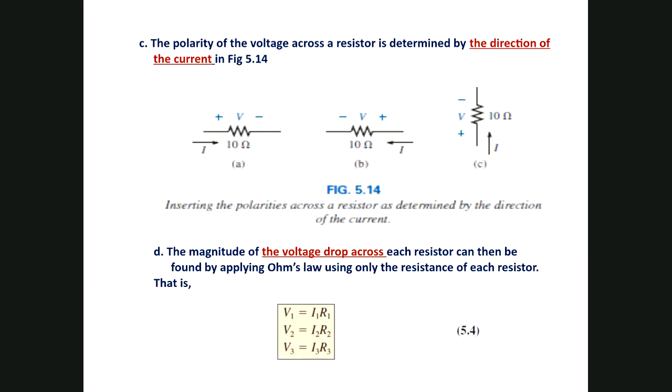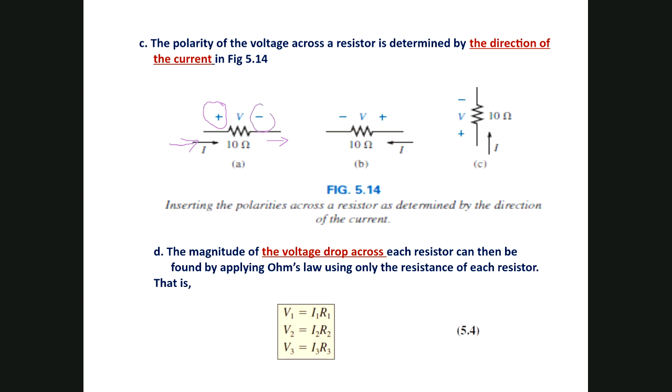The polarity of the voltage across a resistor is determined by the direction of the current. So always watch the direction of the current: if the current enters from this side, you put the polarity positive, and where the current leaves the resistor is negative.